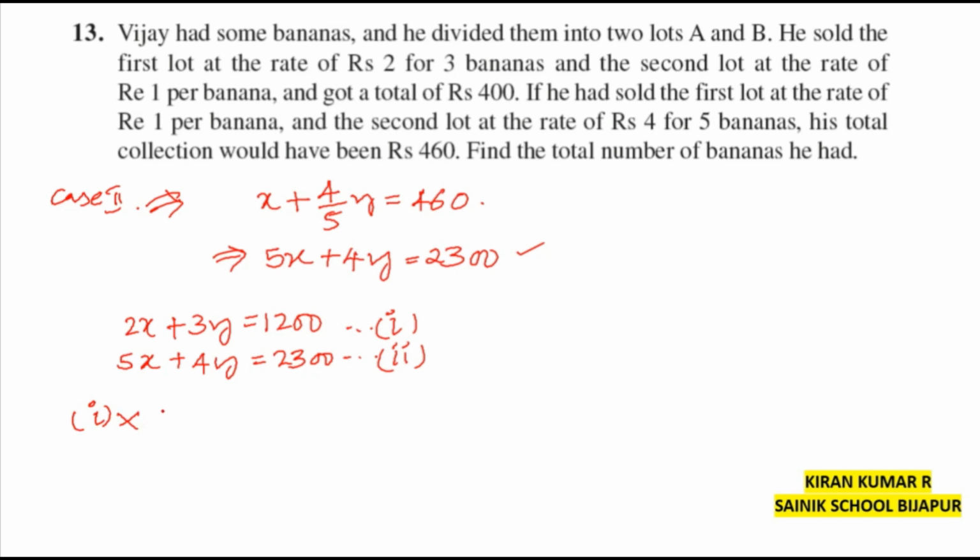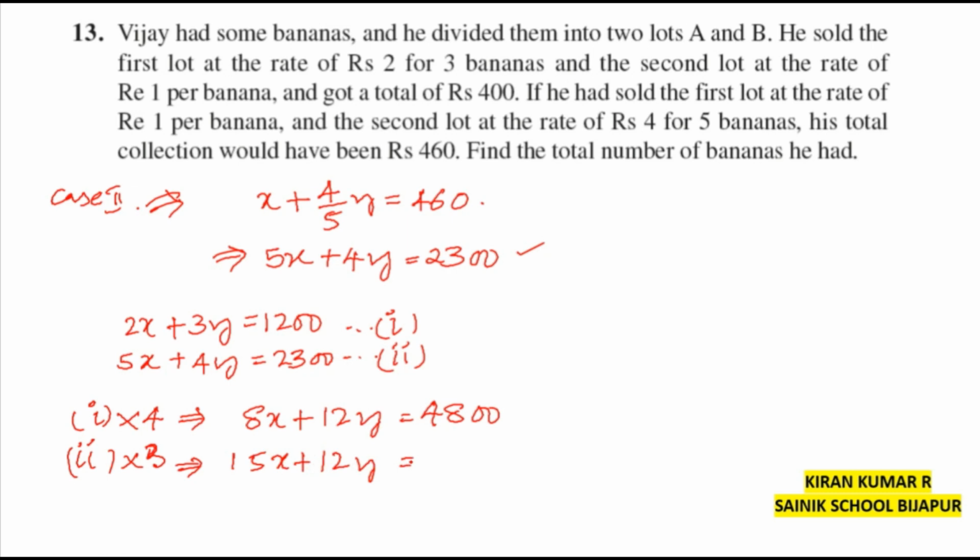Equation 1 multiplied by 4 gives 8x plus 12y equal to 4800. The second equation, if you multiply it by 3, gives 15x plus 12y equal to 3 times 2300, which is 6900.